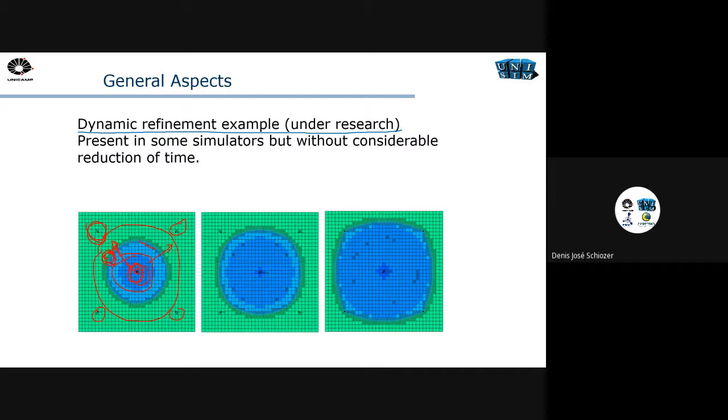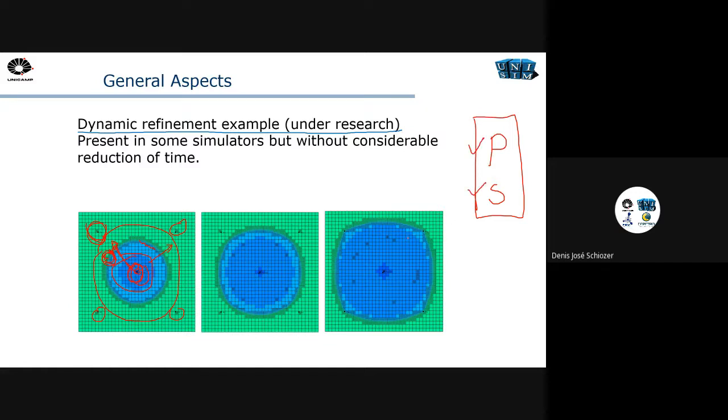So the grid would change from time to time, trying to capture the behavior of the fluid as this behavior changes. And as we're going to see in the equations, there are some main variables in our problems. I'm always trying to solve for pressure and saturation. And these methods are trying to see where the pressure is changing too much or the saturation is changing too much.